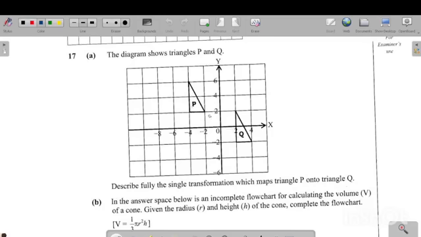Now, before you start answering, you need to ask yourself some questions. Number one, are the sizes of these two triangles the same? Yes, they are the same. What about the angles? Are the angles the same? Yes. You can see that this angle is equal to that angle, this angle is equal to that, and that is equal to that.